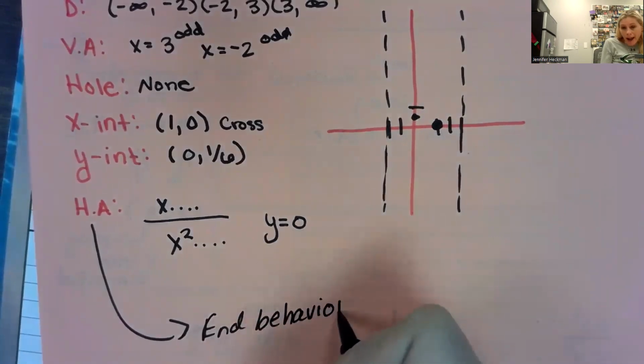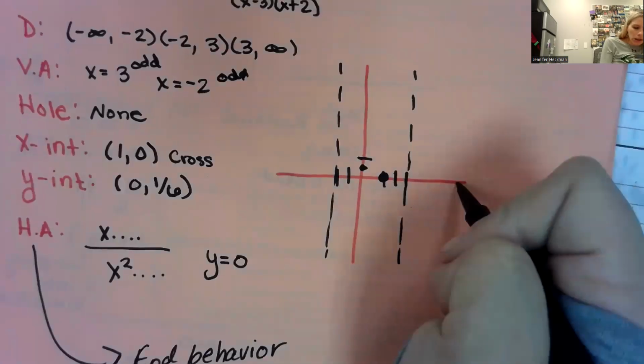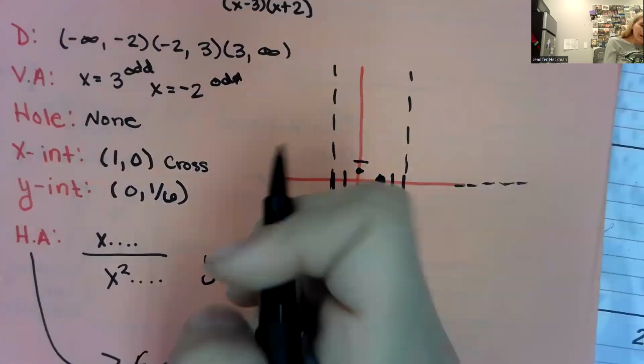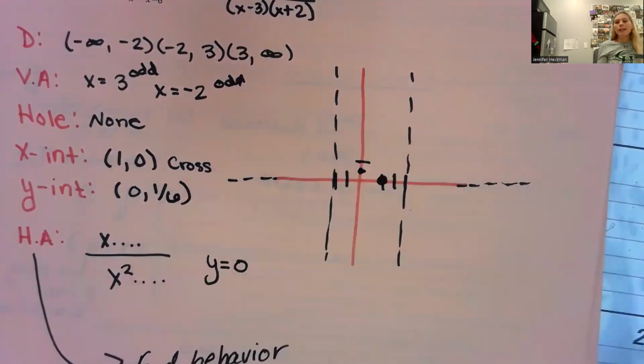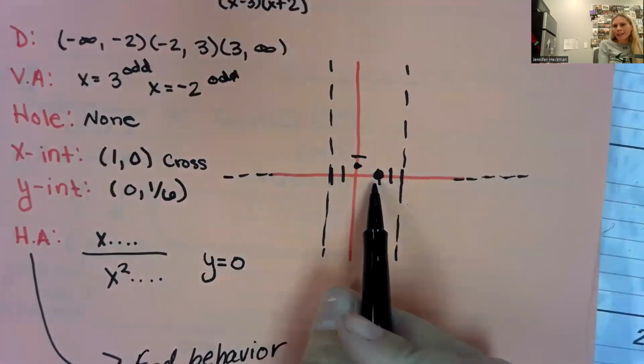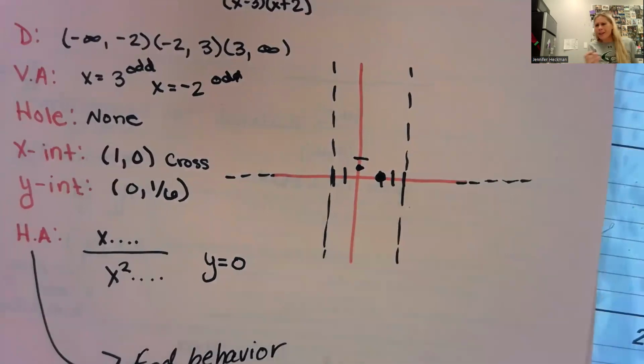So when I graph, I actually just put my dotted lines at the end, which makes sense because look, we have an x-intercept. So wait, how can we touch or cross when it's an asymptote? No, it's a horizontal asymptote, so it goes on at the end, okay?